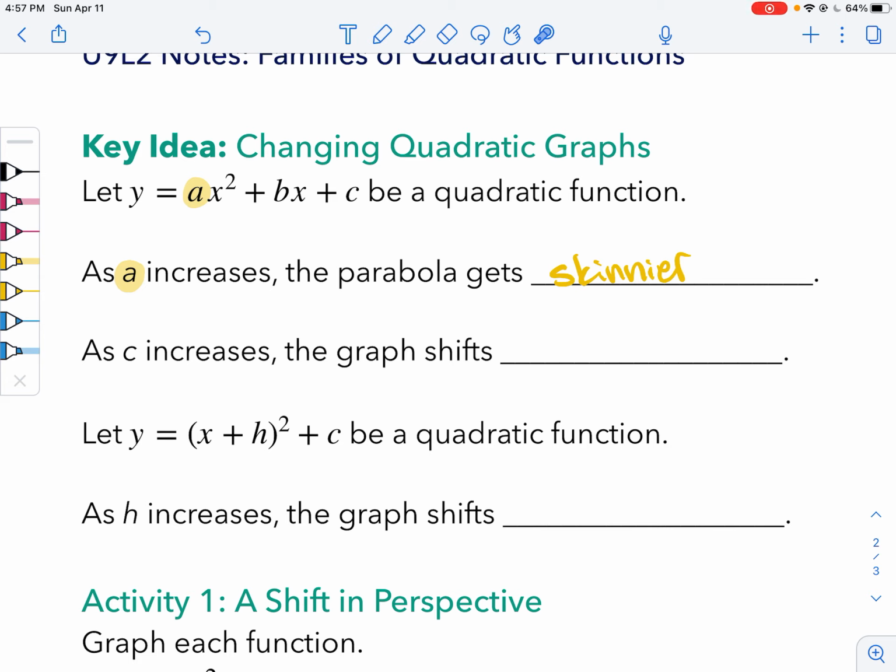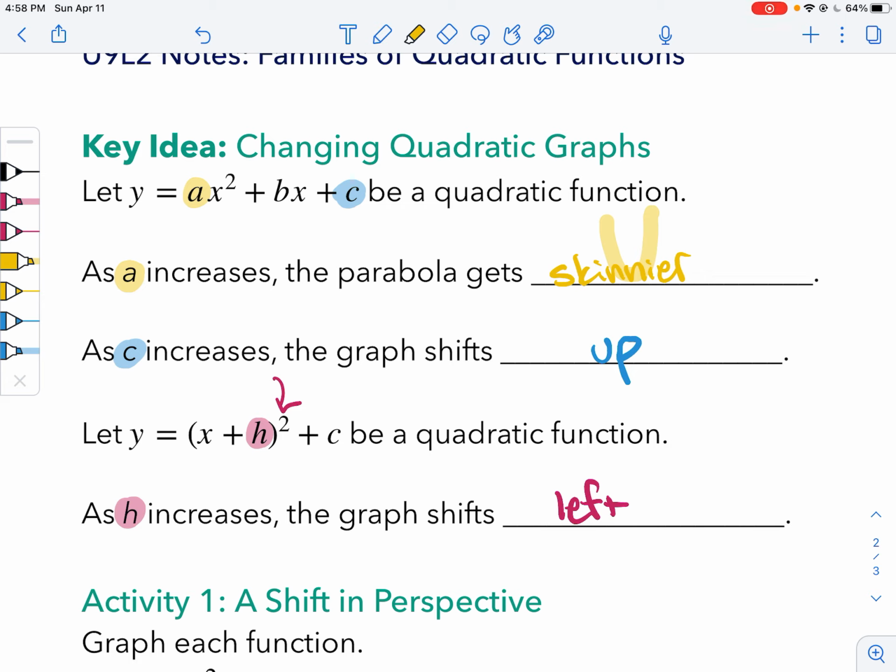Now, if you have h, some number inside the square, notice the square is outside of it, that means you're going to shift the graph left, not up. Changing a to be bigger makes your graph skinny.